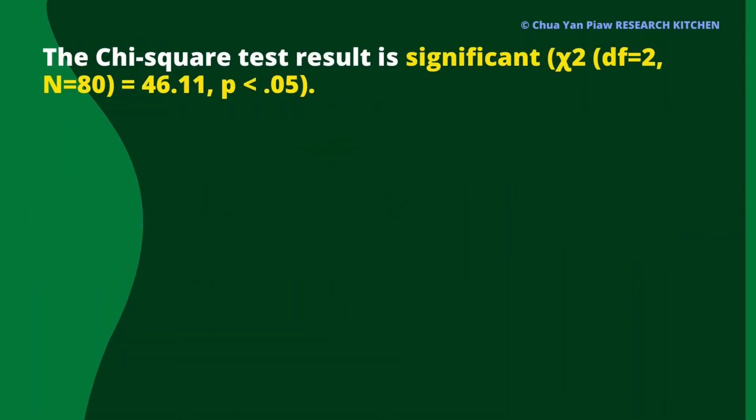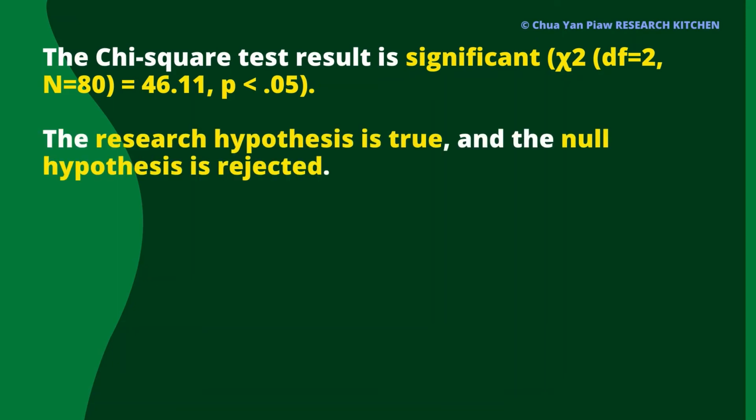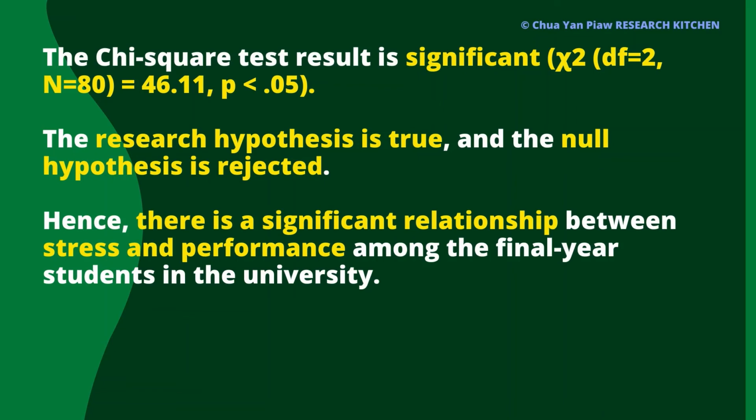The chi-square test result is significant, with the chi-square value 46.11 and p less than 0.05. The research hypothesis is true, and the null hypothesis is rejected. Hence, there is a significant relationship between stress and performance among the final year students in the university.